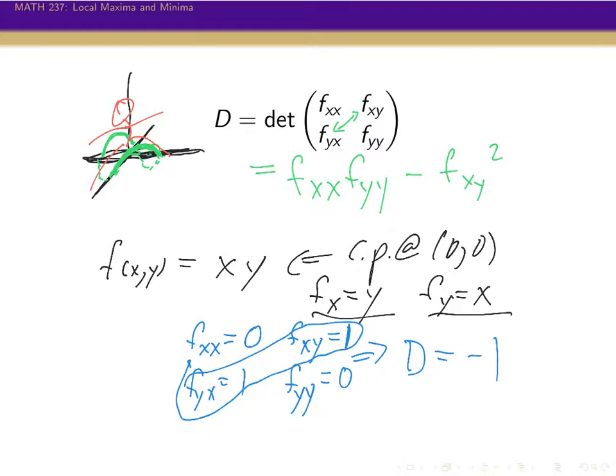And so on the x and y axes, it's identically 0 all the way across, and it's along the line x equals y where it's going to be the highest. So along x equals y is where you have this parabola going up, and along x equals minus y, that's where you have the parabola going down.